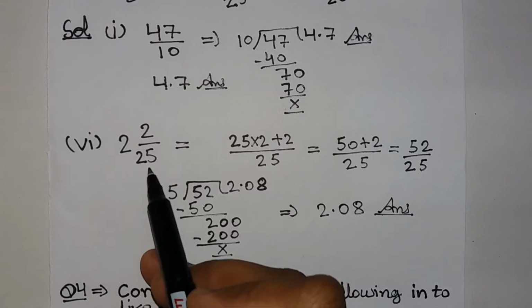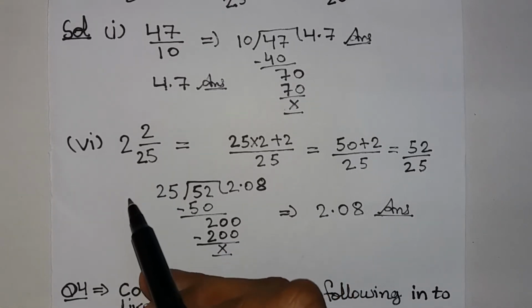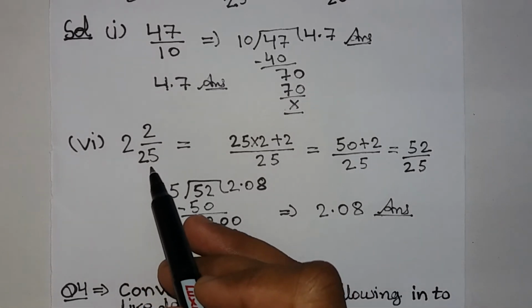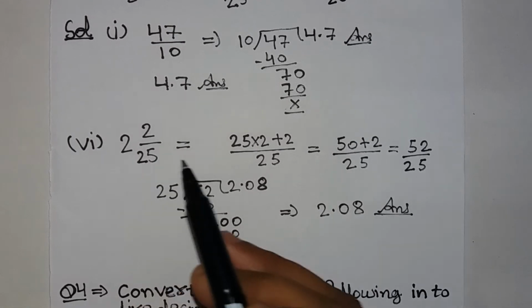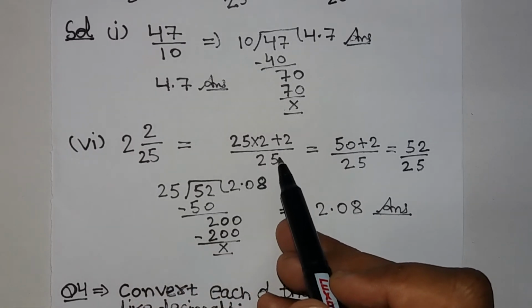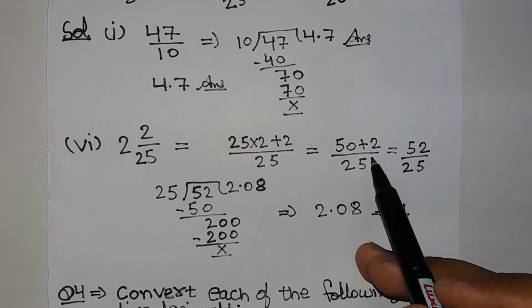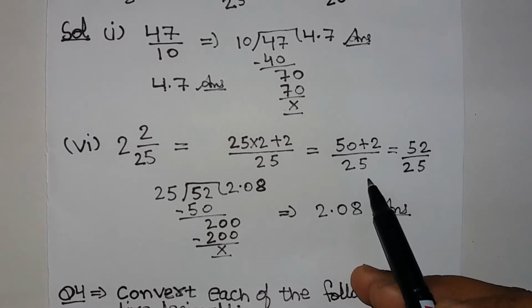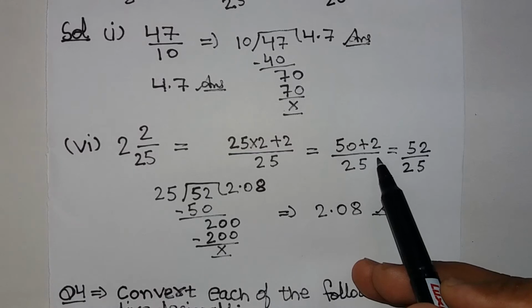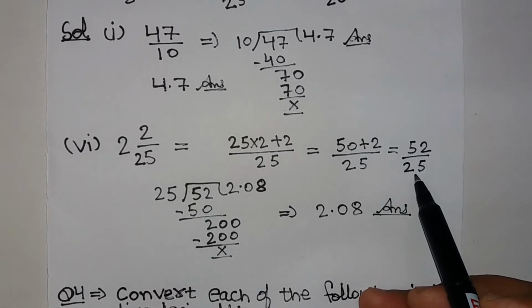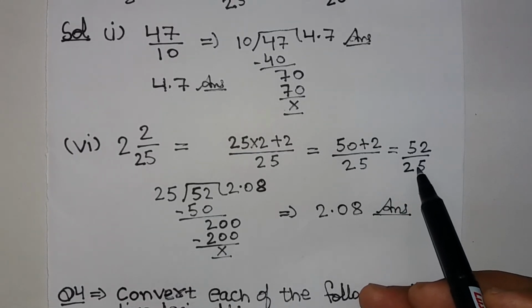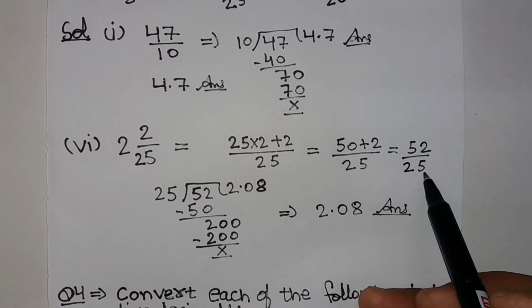So here first of all convert it into an improper fraction. So 25 into 2 plus 2, 25 into 2 will be 50, and 50 plus 2 will be 52, so 52 upon 25.